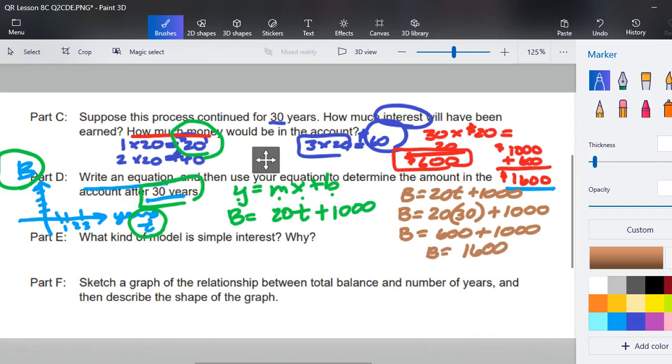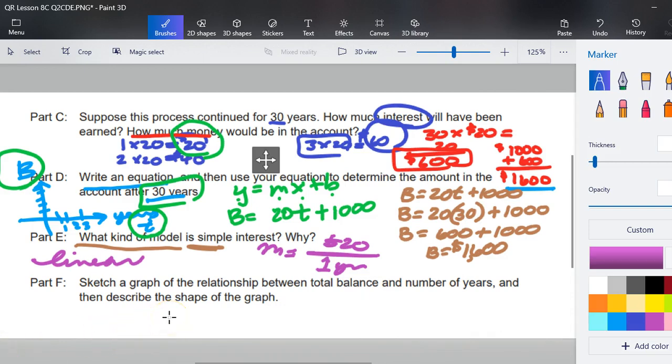And lo and behold, using a graph or just some math and our equation, we can come up with the $1,600. What kind of model is this, simple interest, and why? With us having that common rate of change where we go up $20 for every 1 year we leave this invested, with this slope, this is a linear equation.